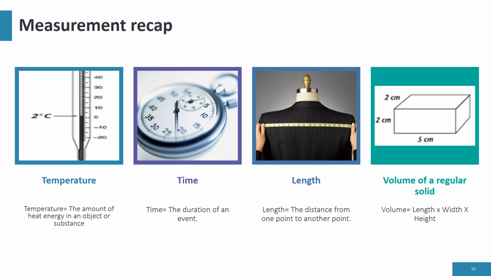In order for us to measure length, which is the distance from one point to another point on an object, we can use measuring tape, the meter stick, and so forth. The volume of a regular solid, we can measure length times width times height, and this is the normal formula that we use in math.